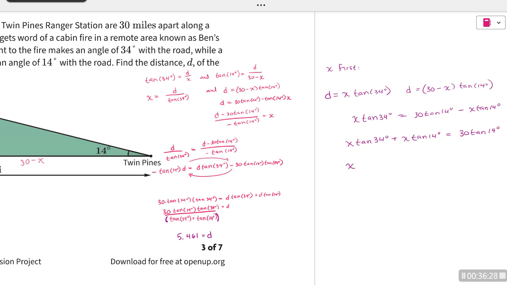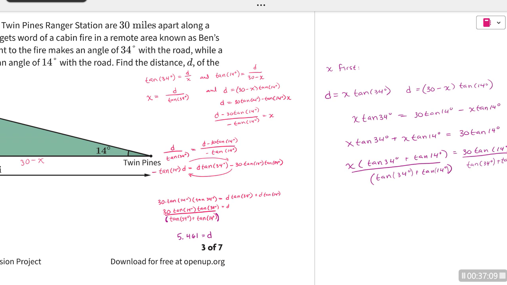And again, I want to factor out my x, to get x times tan of 34 degrees plus tan of 14 degrees equals 30 tan of 14 degrees. Then I'm going to divide both sides by tan of 34 degrees plus tan of 14 degrees. Again, having parentheses makes that really nice and neat.